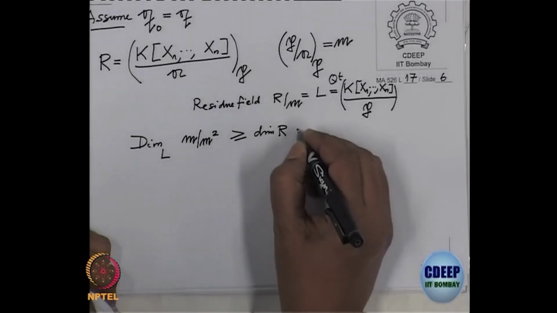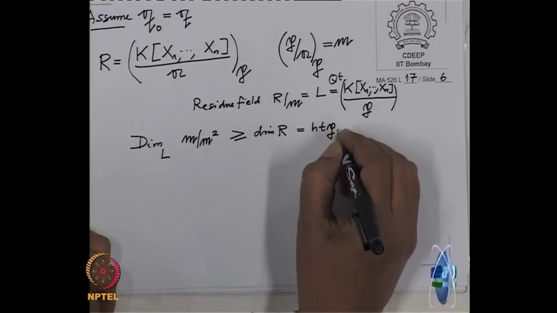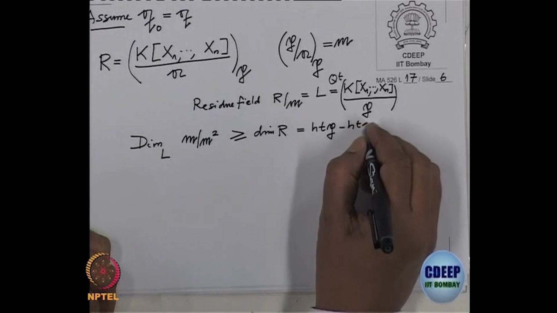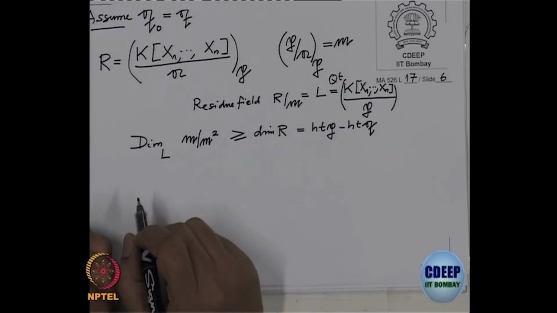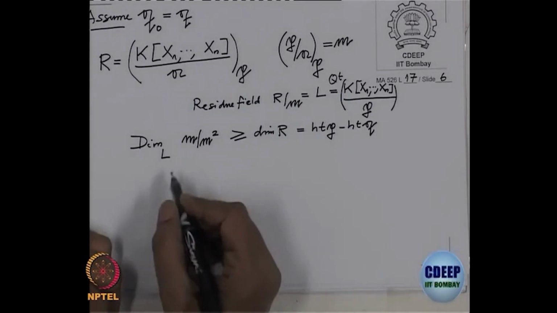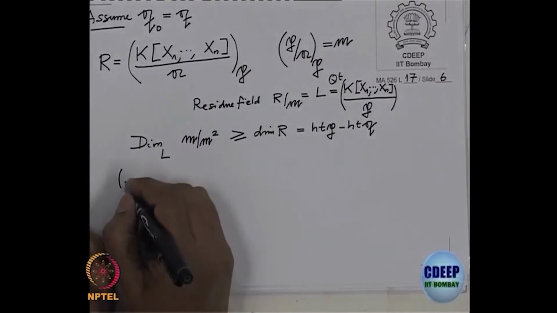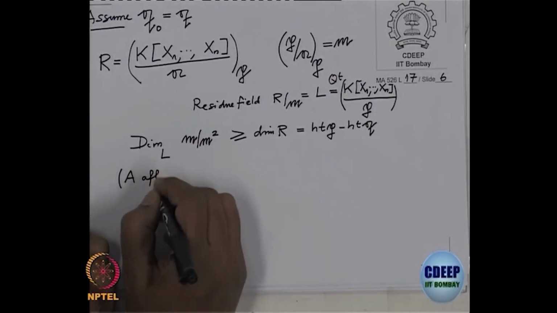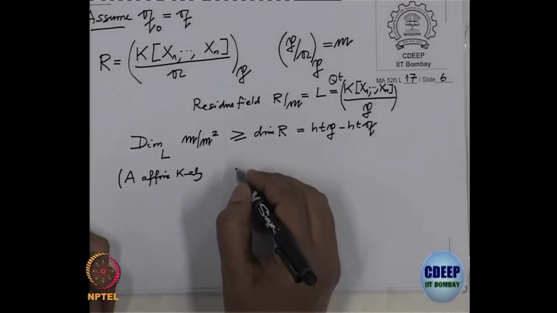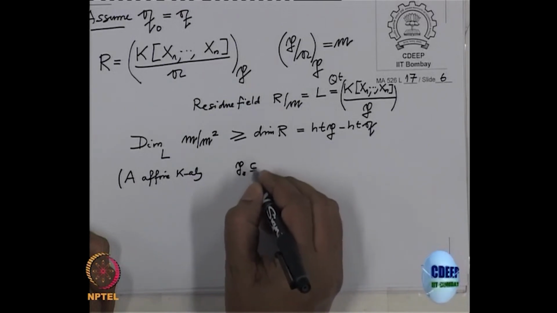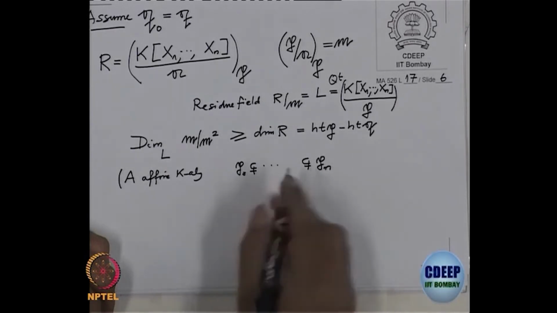But what is the dimension? That we know. The dimension is height of P minus height of Q. I want to recall here, as an aside, suppose I have an affine K-algebra A, and suppose I have a chain of prime ideals of length n, and assume that this is a maximal chain.